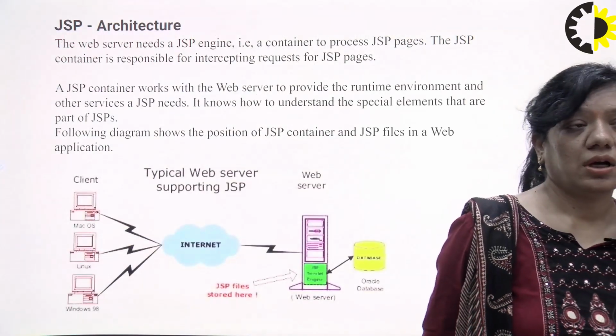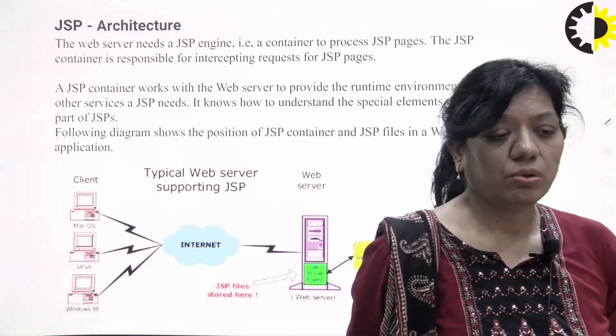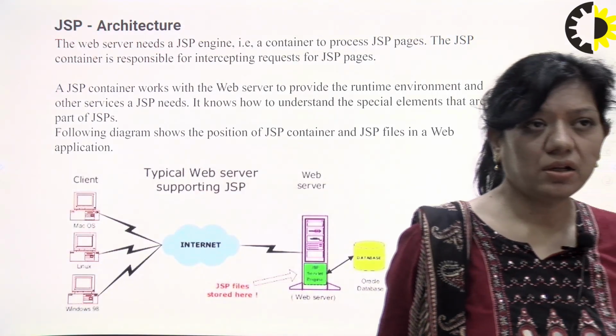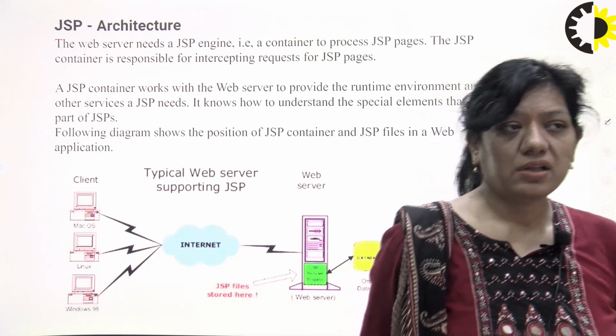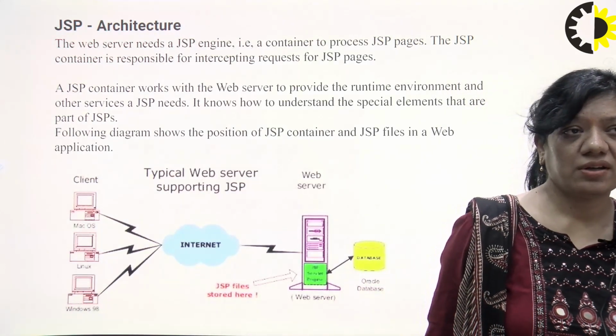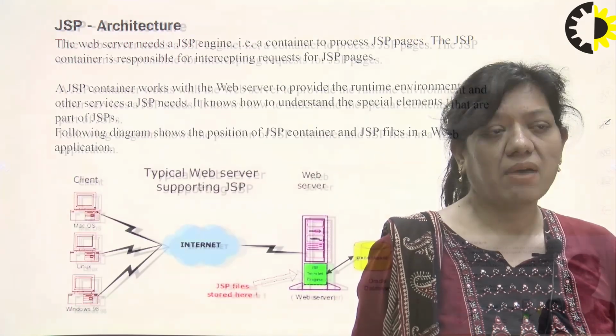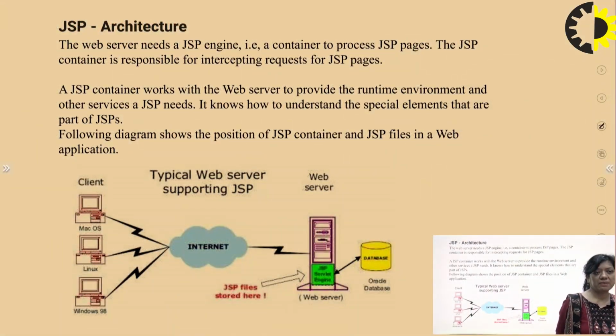Now, the topic is JSP architecture. The web server needs a JSP engine, that is a container, to process JSP pages, and the JSP container is responsible for intercepting requests for JSP pages. A JSP container works with the web server to provide the runtime environment and other services a JSP needs, and it knows how to understand the special elements that are part of the JSP.